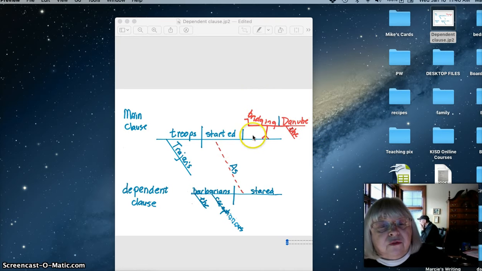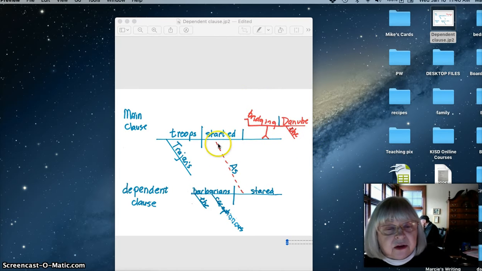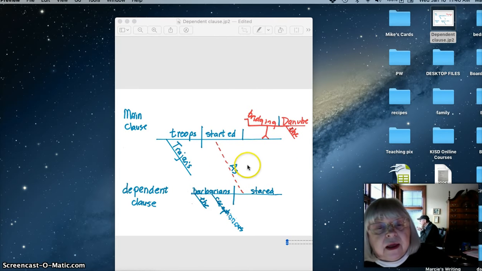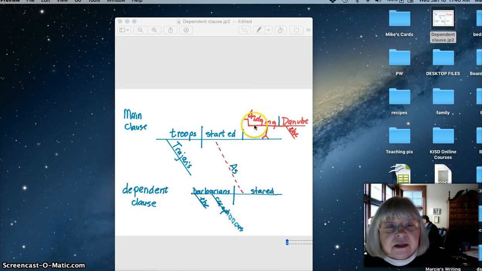And this is the other feature I wanted to show you besides how to do the dependent clause. This is a gerund with an object, and it all goes on the pedestal. Bridging, the gerund. Danube, its object.